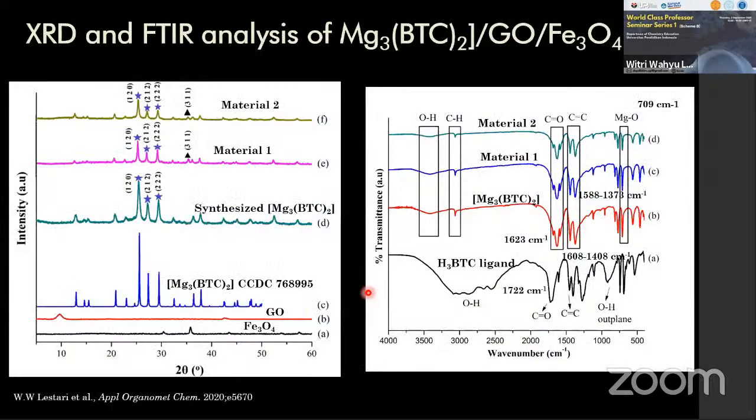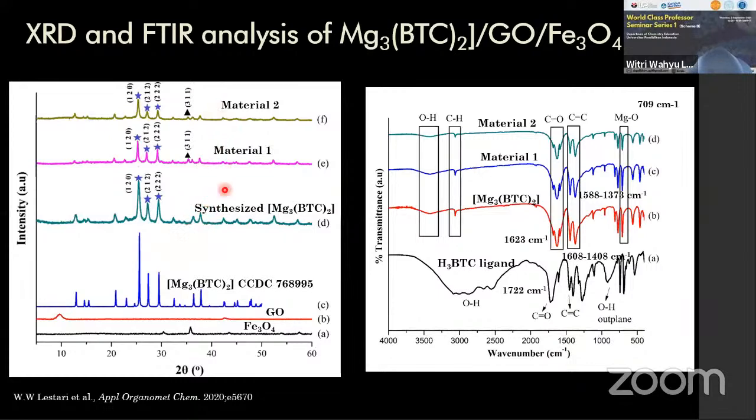And here, as you can see, we synthesize 3 materials based on magnesium BTC. Between the first material and second material, there is no significant change, or no difference between material 1 and material 2.